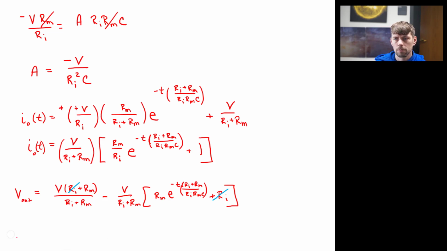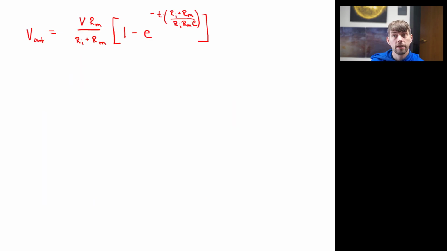And lastly, what do we have at the end of the day? I'll go ahead and write this out for you. At the end of the day, what we end up with is that the potential measured across the resistor is given by this expression. Notice we have the 1 minus, kind of interesting. What does that look like?